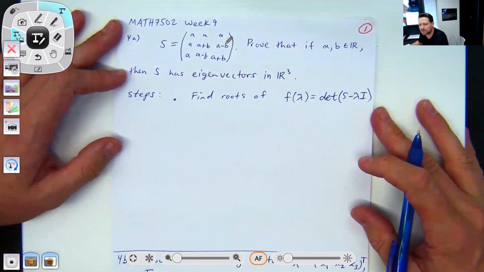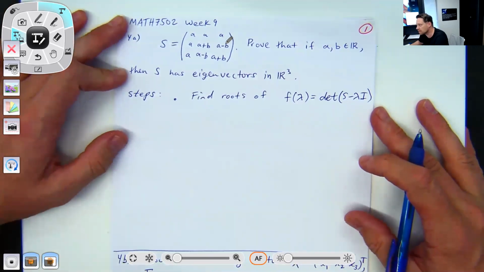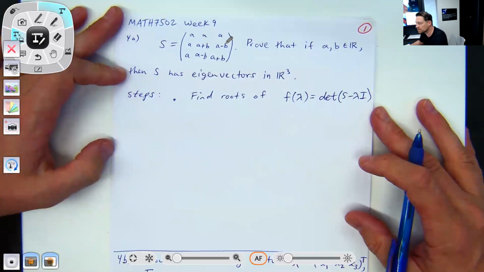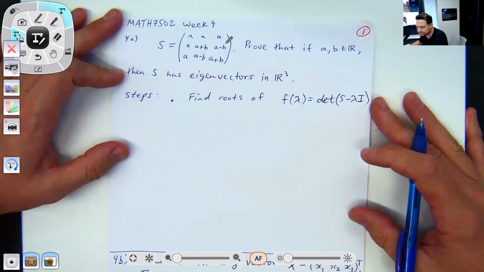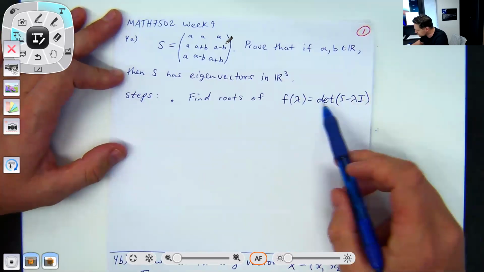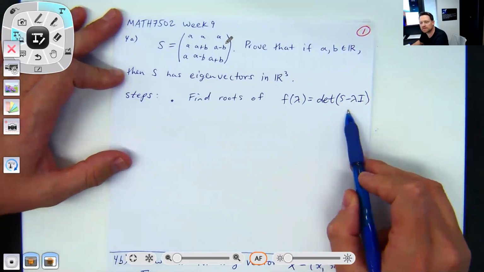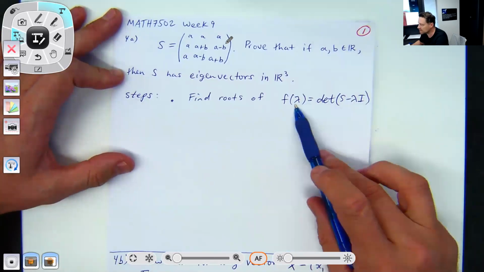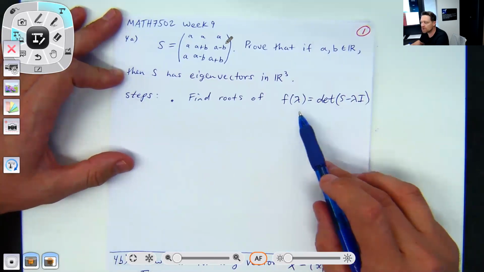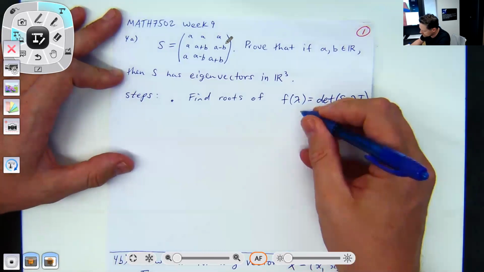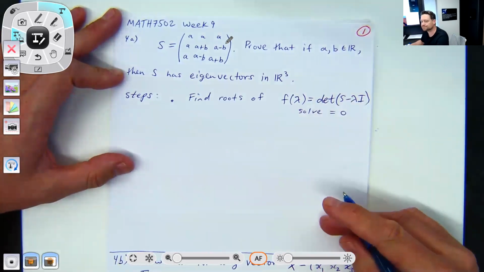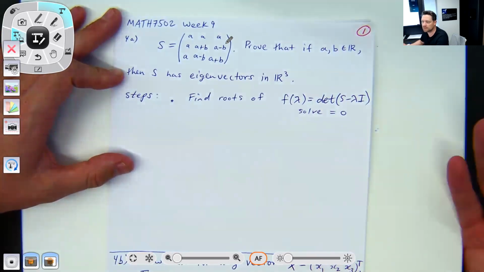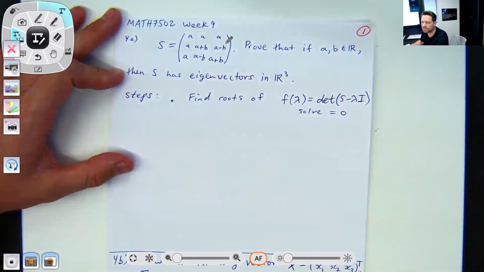If you're going to prove that the eigenvectors can be represented with real numbers, then you first need the eigenvalues, correct? So you calculate this determinant, that's a cubic polynomial in the letter lambda, and then you solve that equals 0. You should be able to find 3 values. I won't tell you what they are. You've got to do that.